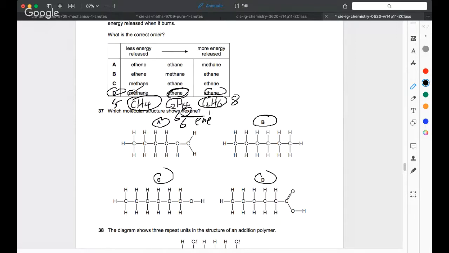However, ENE represents a carbon-carbon double bond. So the right answer would be A, because C and D have other functional groups which are not included in the name. So C and D are not the right answer. And B does not have the carbon-carbon double bond. So A is the right answer.